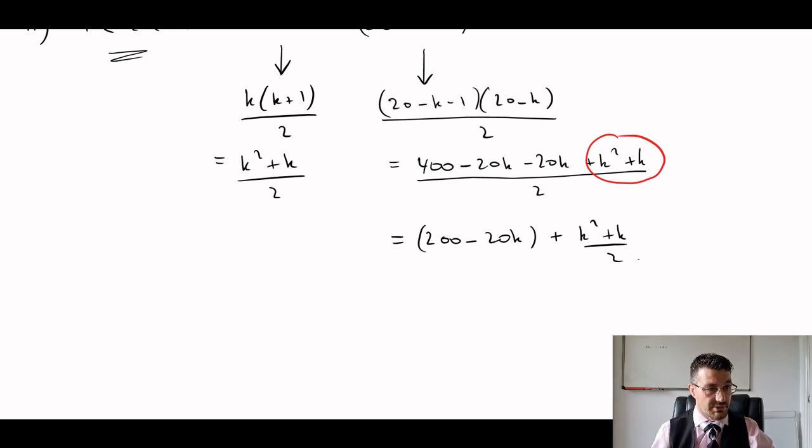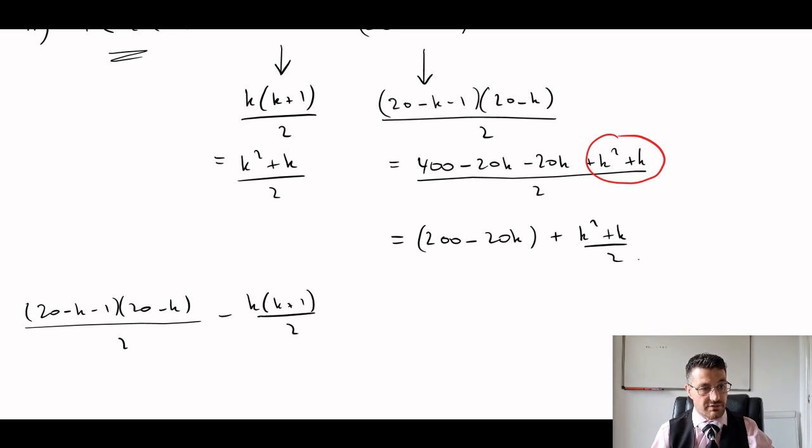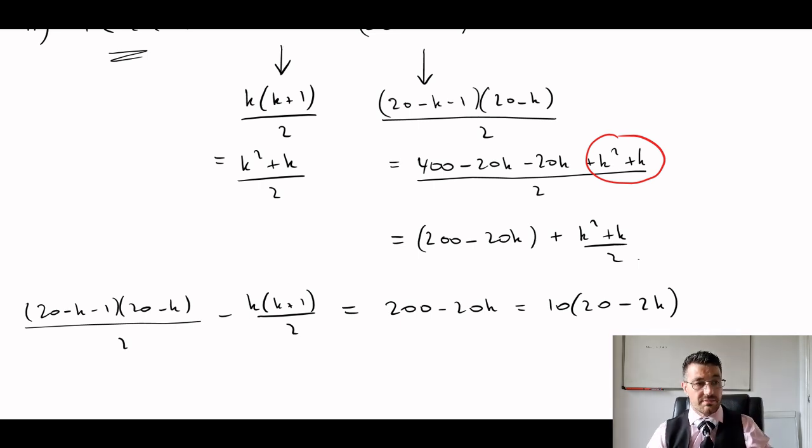So the difference between (20 minus k minus 1) times (20 minus k) over 2 and k times (k plus 1) over 2 is therefore equal to 200 minus 20k, which is equal to 10 times (20 minus 2k). Okay, because the (k squared plus k) over 2 is going to cancel because we're subtracting here.